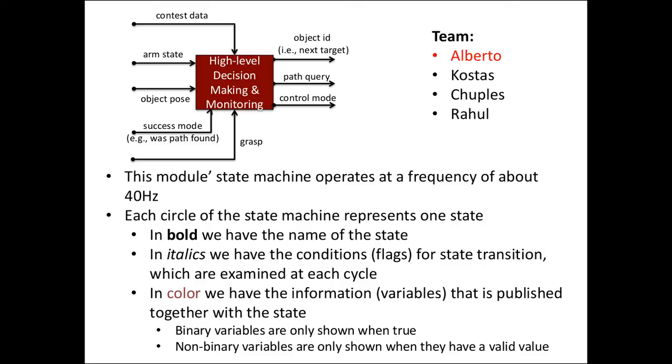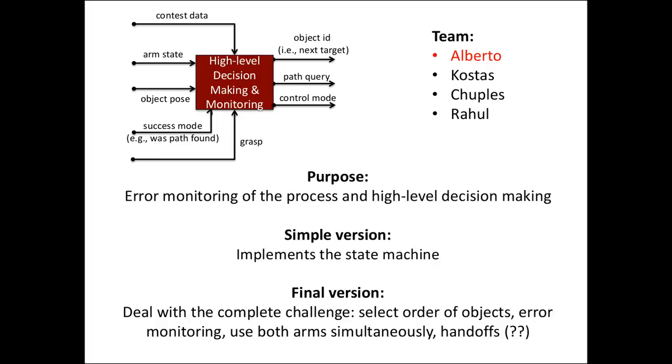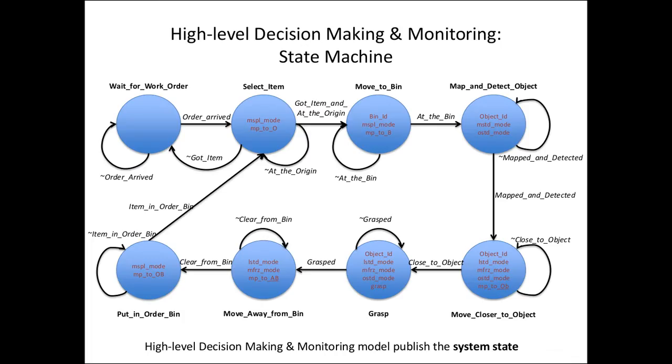Binary variables are only shown when they are true in the state machine, and non-binary variables are only shown when they have a valid value, or a value that will be considered by any one of the other models. So let's go back to the state machine then.